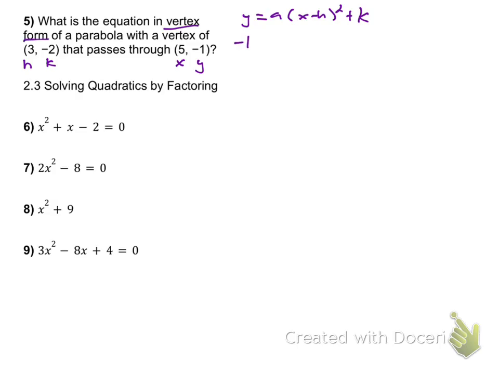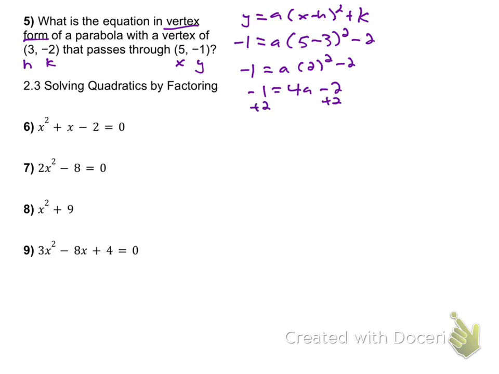So I'll have negative 1 equals a times 5 minus 3 squared minus 2, which will be negative 1 equals a times 2 squared minus 2. Negative 1 equals 4a minus 2.